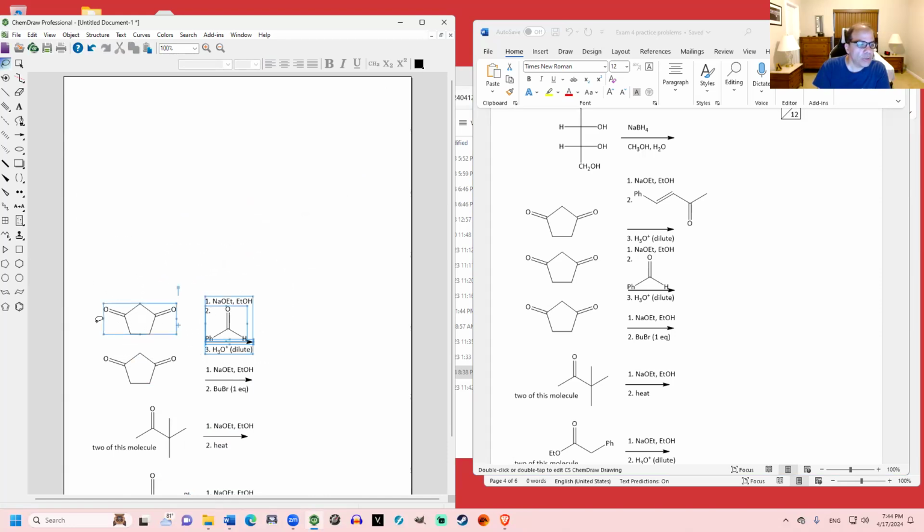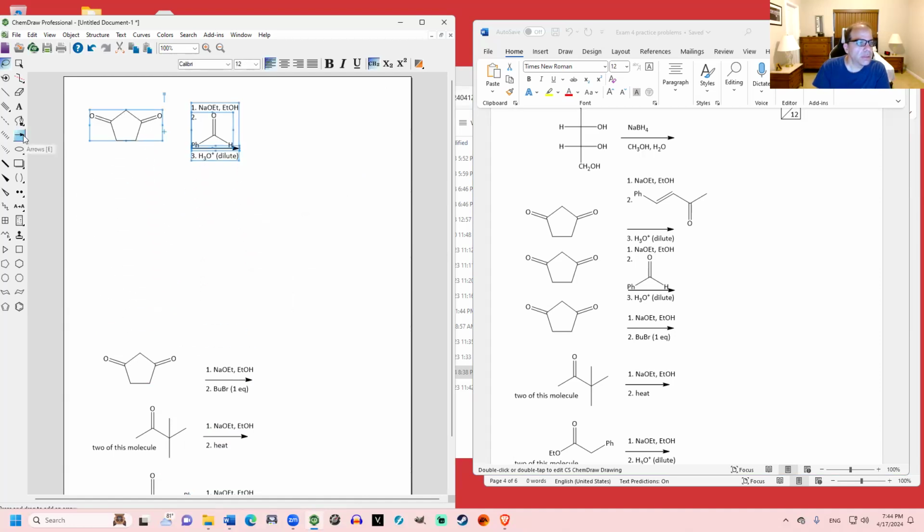So this one here will start with that same ketone. We'll deprotonate with ethoxide. We'll treat with this aldehyde.